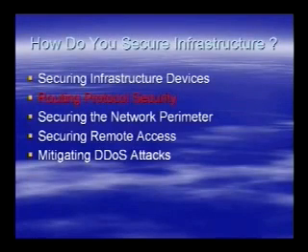Right. So securing infrastructure devices, the main point is that any way that people can get access to it, make sure you understand it, and make sure you turn off anything that you do not use. And use access controls.